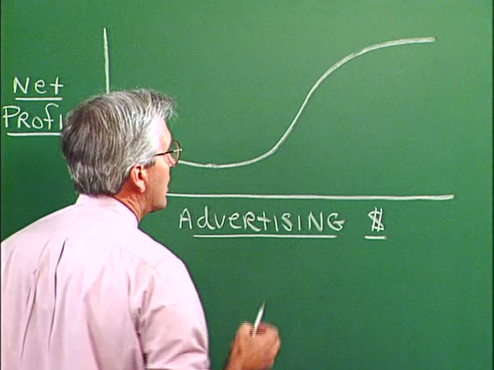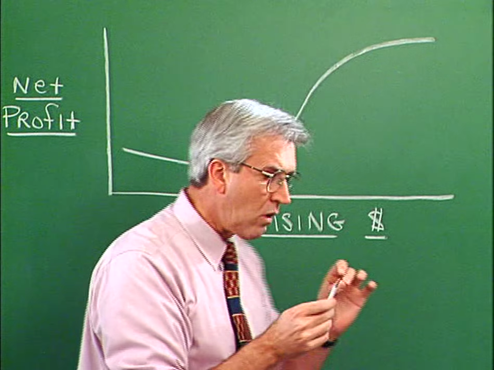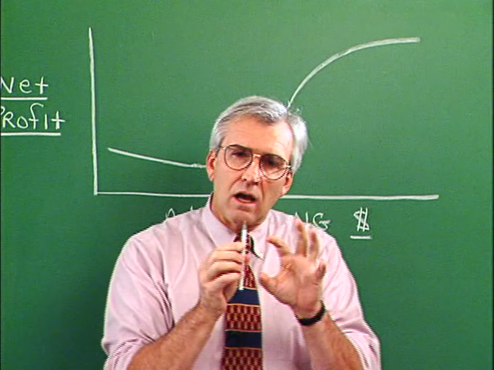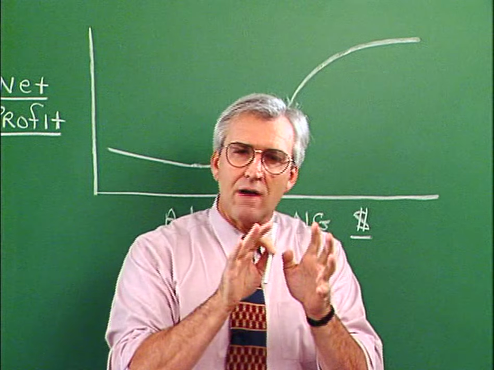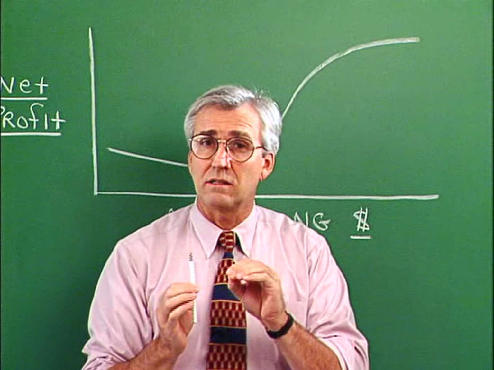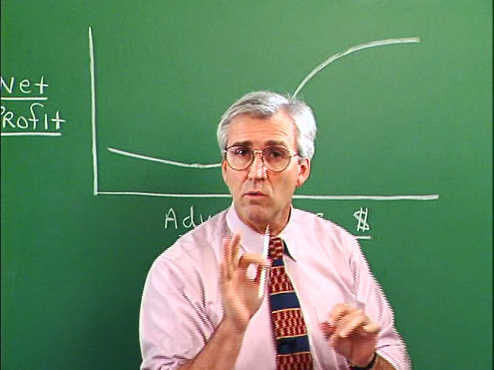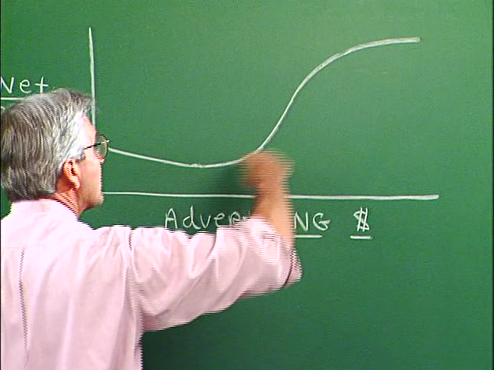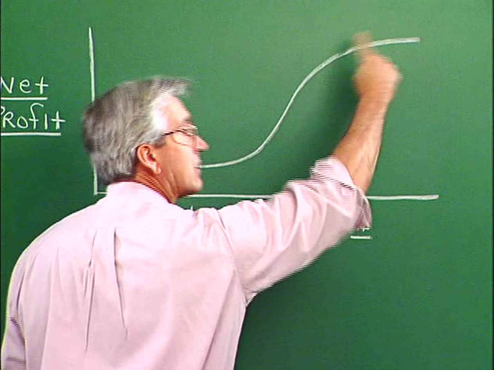So if I were a manager in this, I would want to know exactly where that profit per ad dollar rate began to decrease. I would want to know this place where the graph stopped doing this and began to do this.